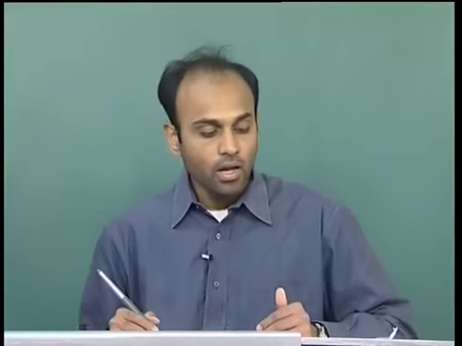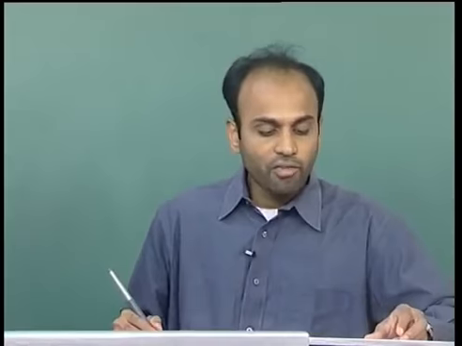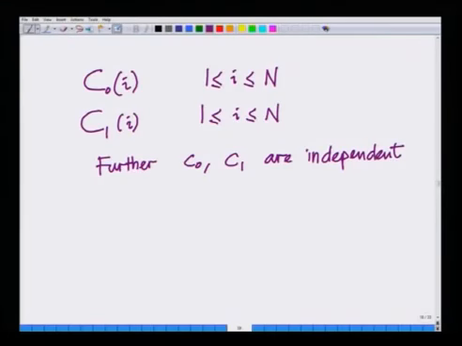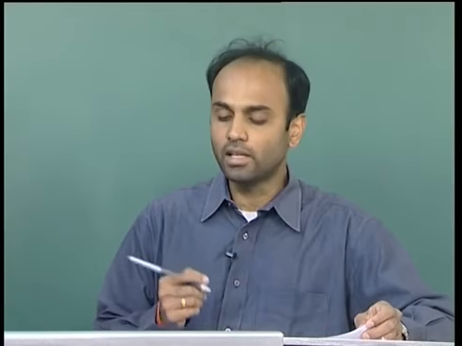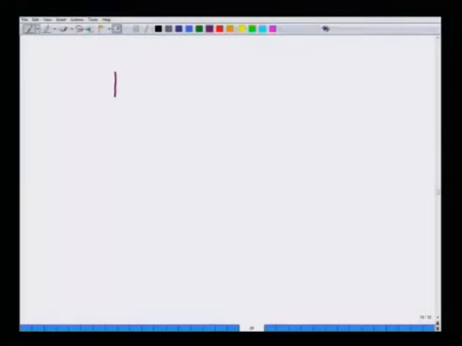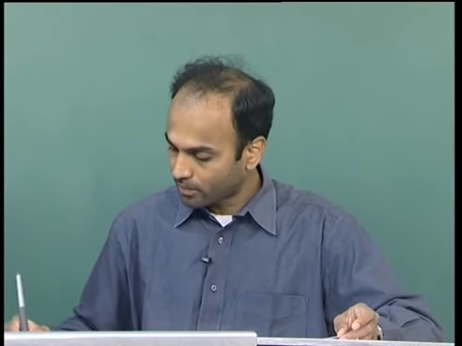Alright. Now, let us look first at some properties. Let us start with a very basic property. Let us say I take any single chip of any sequence, let us say a chip of C0. What is the expected value of a chip of a sequence? Let us say I take the expected value of C0i, some ith chip.